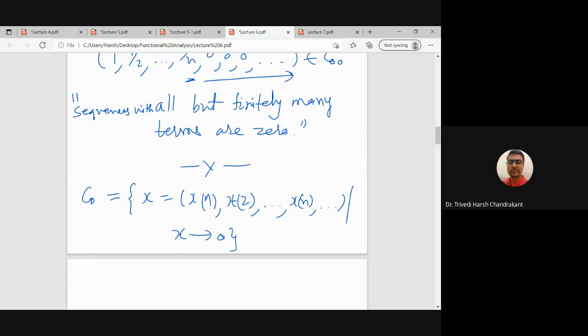So x converges to 0 in K. So xn or xj, as a sequence, converges to 0 as n tends to infinity.